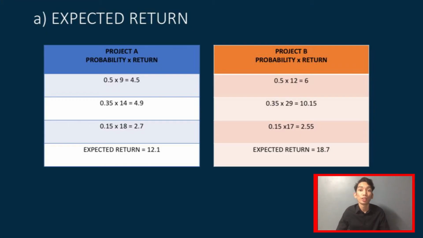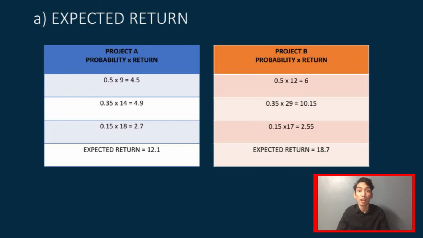Okay, expected return. The formula of expected return is probability times return. For project A, first 0.5 times 9 equals 4.5, second 0.35 times 14 equals 4.9, third 0.15 times 18 equals 2.7. The total expected return of project A is 4.5 plus 4.9 plus 2.7 equals 12.1. For project B, the same formula.